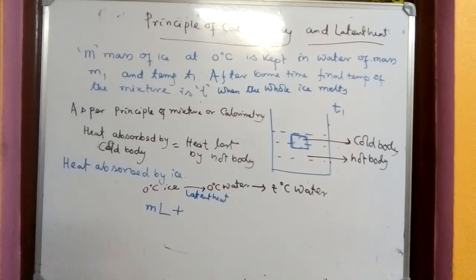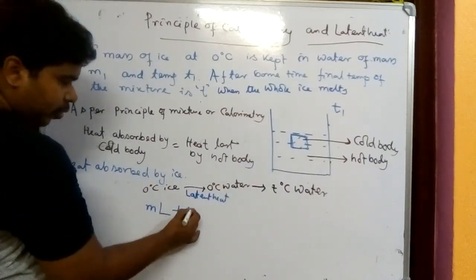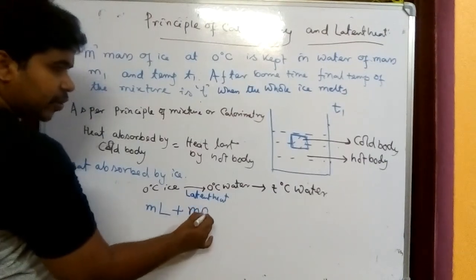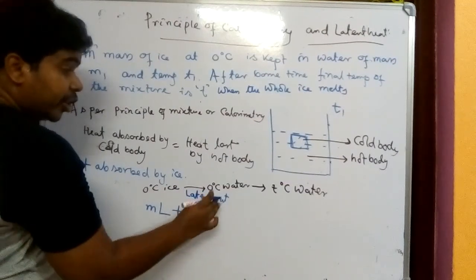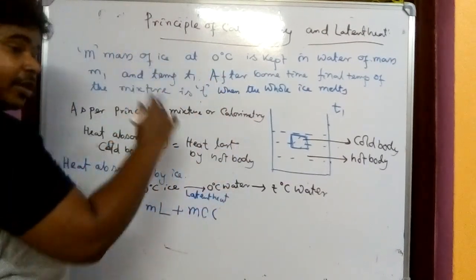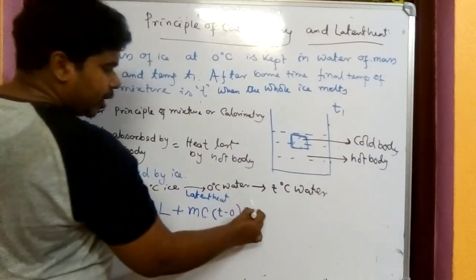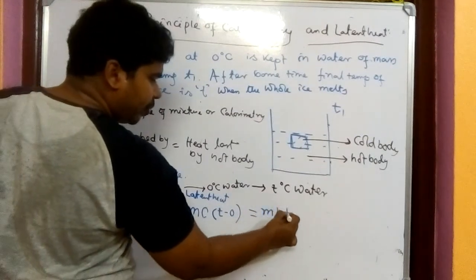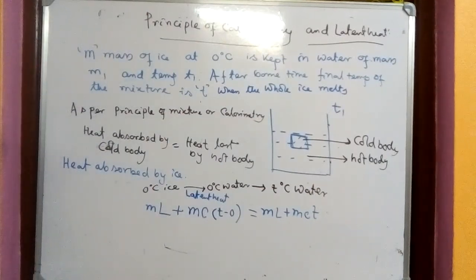Now here you see, in the second phase the temperature is changed, from 0 to T. So m, specific heat capacity c, into the change of temperature that we have learned in the previous part, that is T minus 0. So we can write it as mL plus mcT. Clear? That much heat is absorbed by the ice.